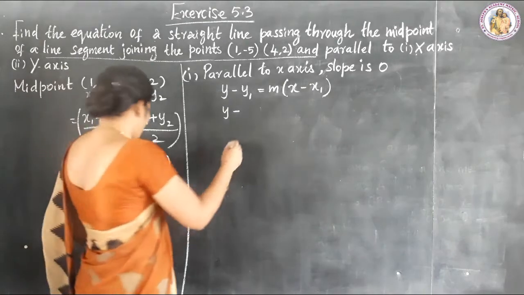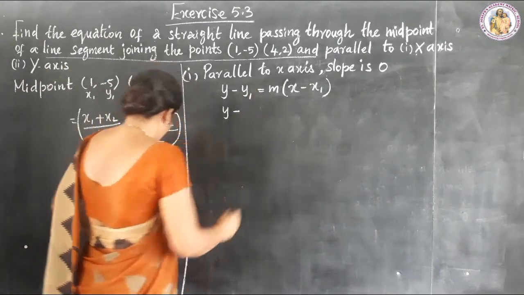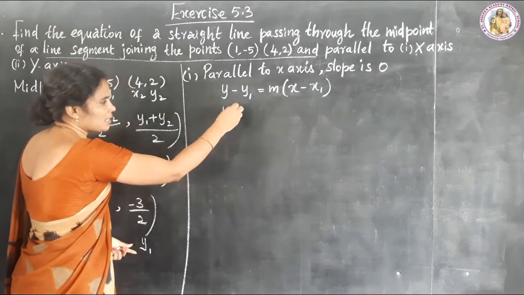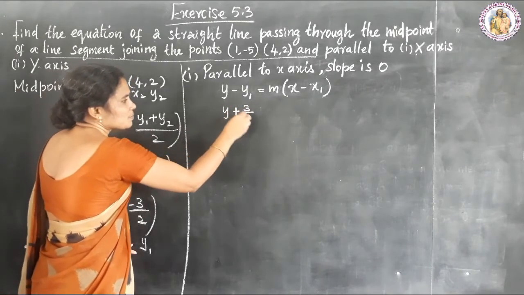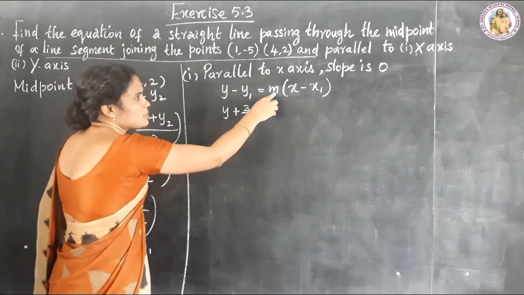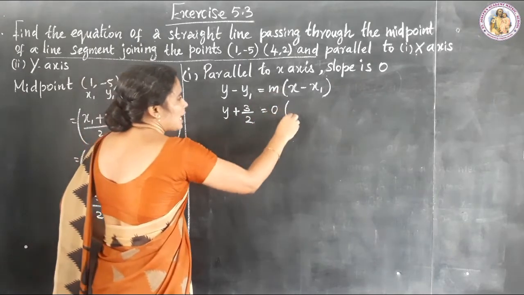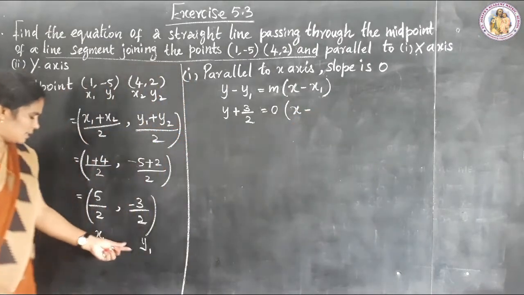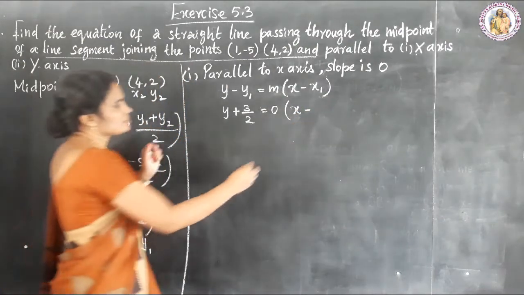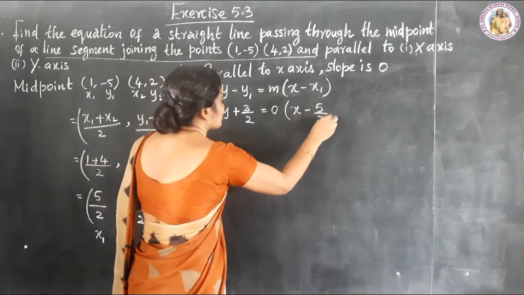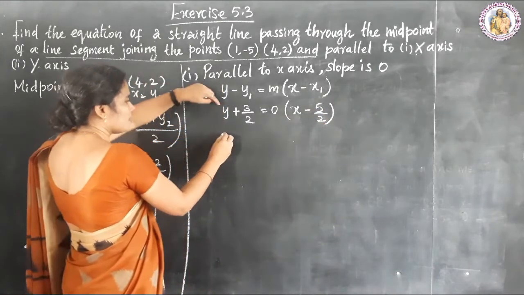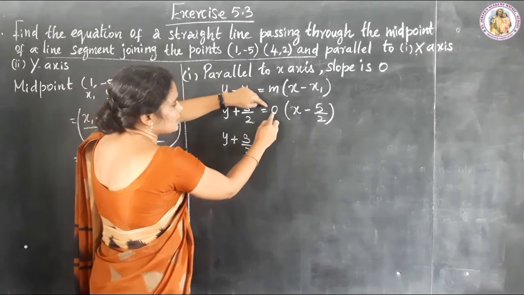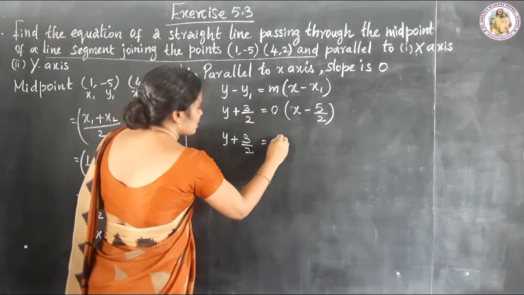So y1 is minus 3 by 2, and when it comes here it becomes y plus 3 by 2 is equal to m, slope is not given so 0, into x minus x1, where x1 is 5 by 2. Now y plus 3 by 2 is equal to, when it is multiplied with 0, it is 0.